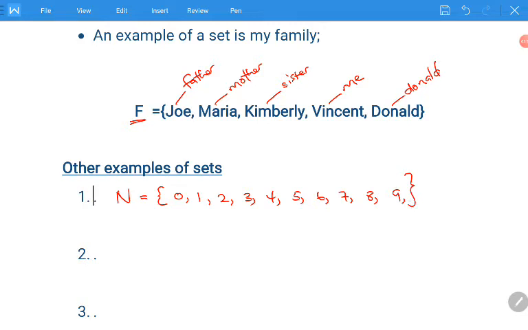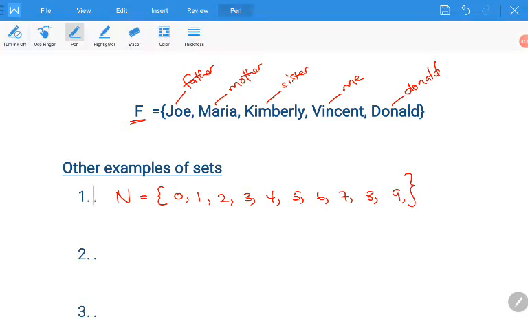We are not going to include 10 because 10 is not less than 10. So N is a set of whole numbers which are less than 10. So this is how we present it.